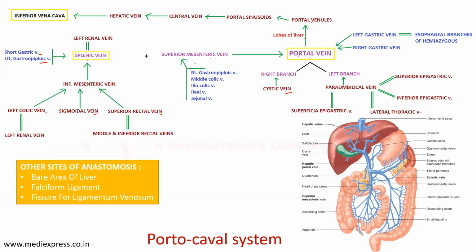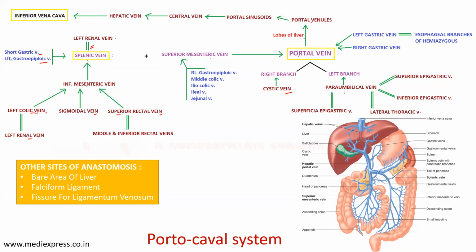But here you need to know a little about the anastomosis. I mentioned over here the splenic vein, right? Splenic vein and left renal vein, there is an anastomosis happening. The same way, left colic vein and left renal vein. Superior rectal vein and middle and inferior rectal veins, there is an anastomosis happening.